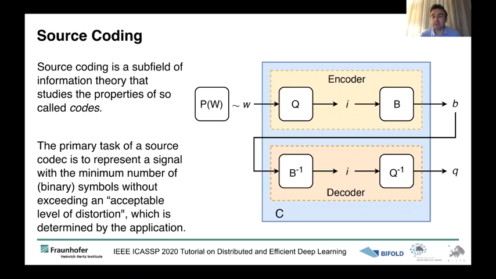Then this binary representation is fed into a decoder, and the decoder reconstructs the value Q.